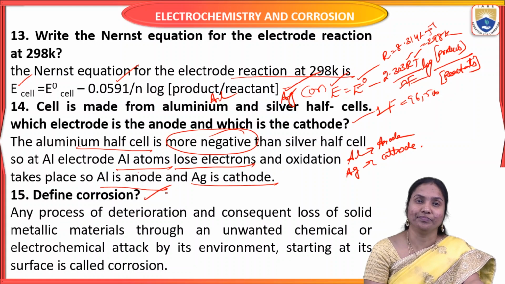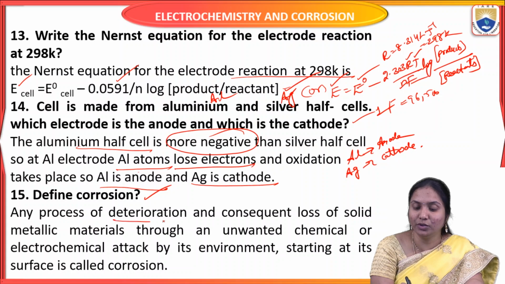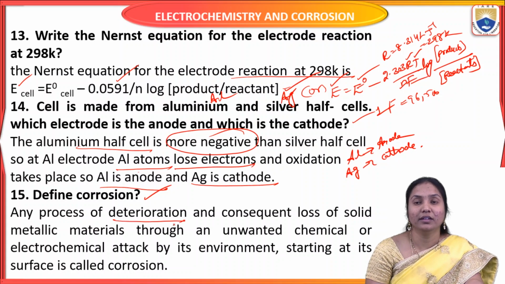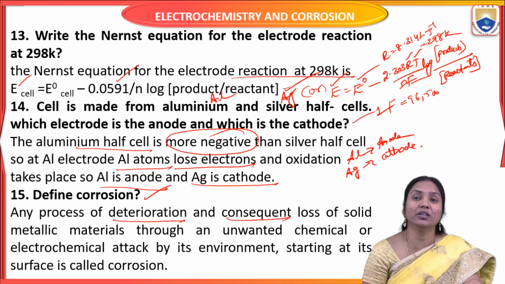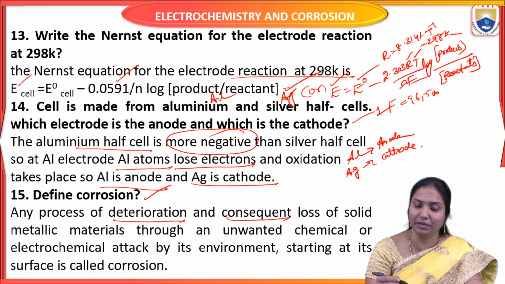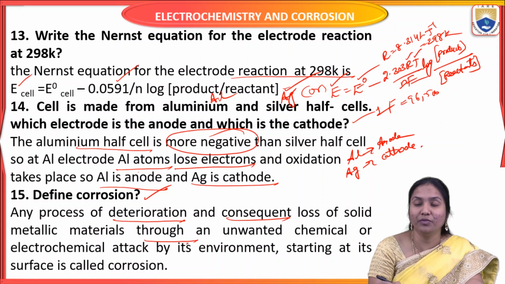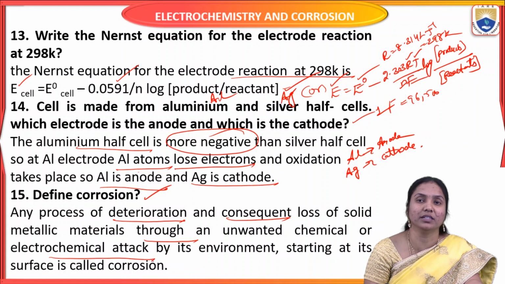Define corrosion. Corrosion means any process of destruction or deterioration and consequent loss of solid metallic materials through an unwanted chemical or electrochemical attack by its environment, starting at its surface.